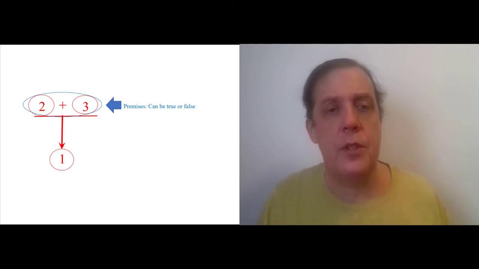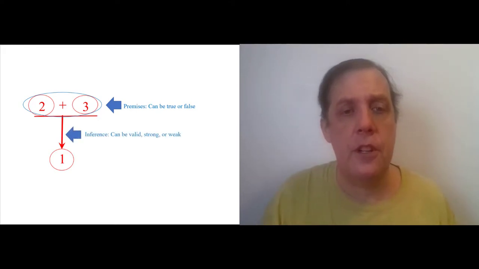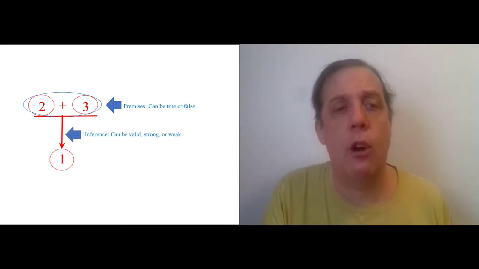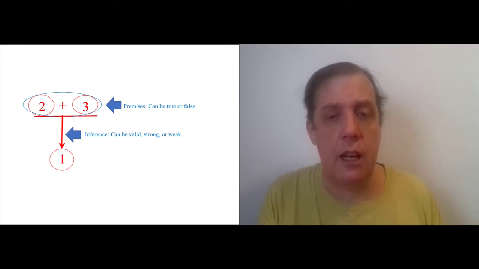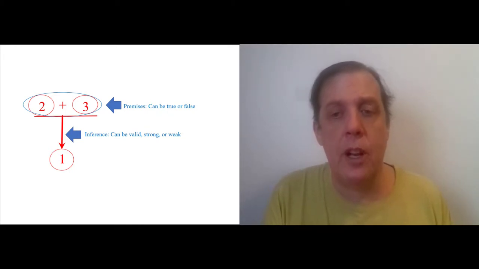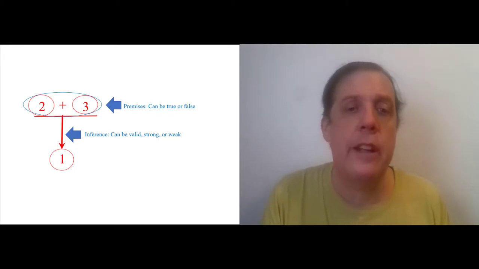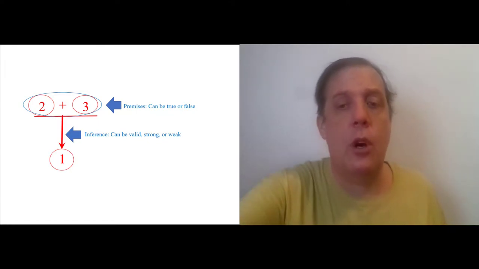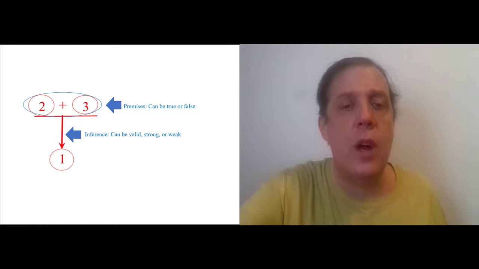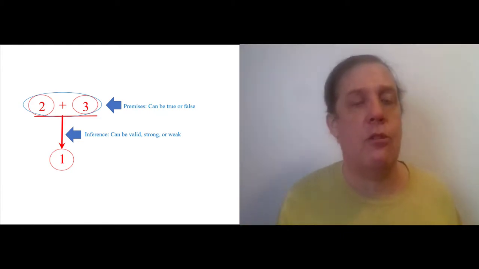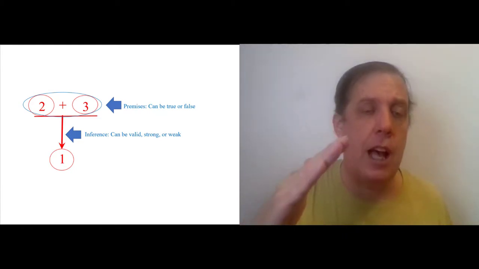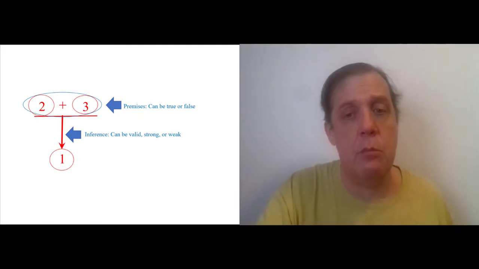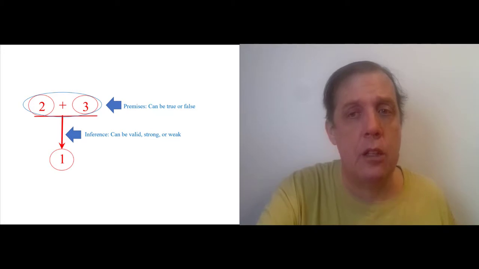Are the premises true? There's also this inference here, which is the arrow going from 2 and 3 down to 1. If we want to check the inference, we're going to see whether it is valid, strong, or weak. So there are essentially two ways to attack this arrow diagram. You can make an objection to the top of it, or you can make an objection to the middle of it. So let me introduce a bit more terminology.